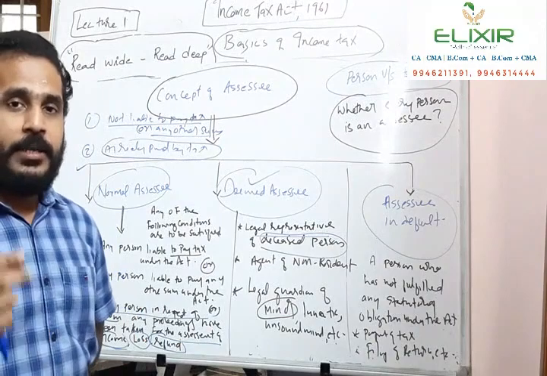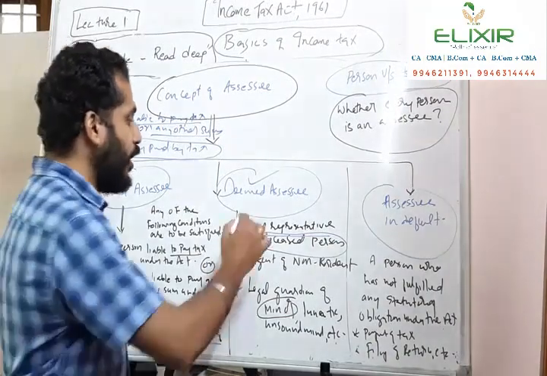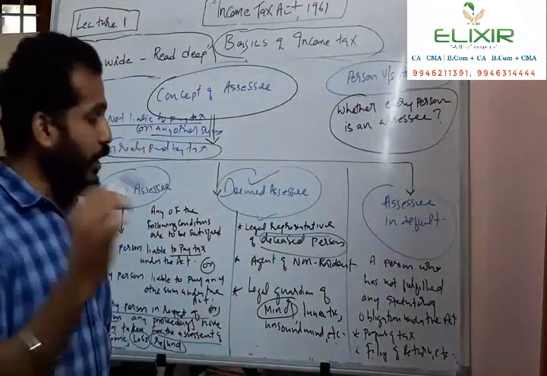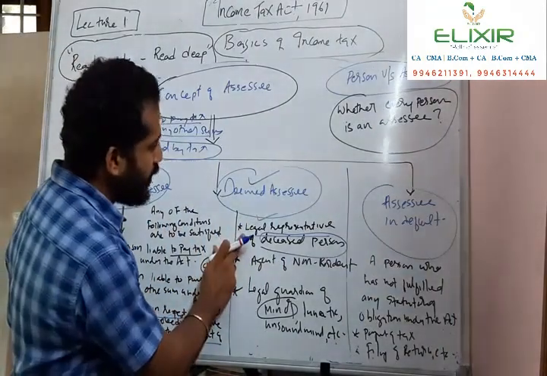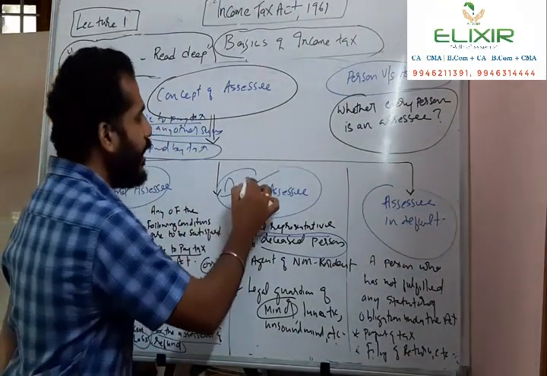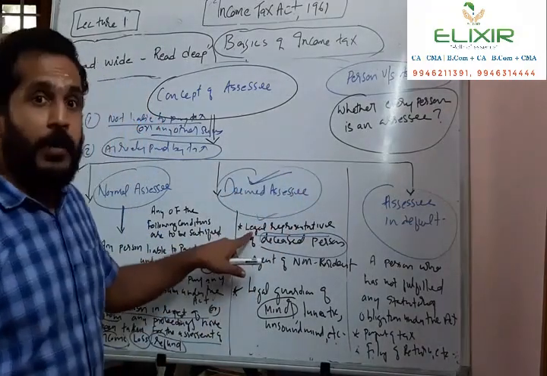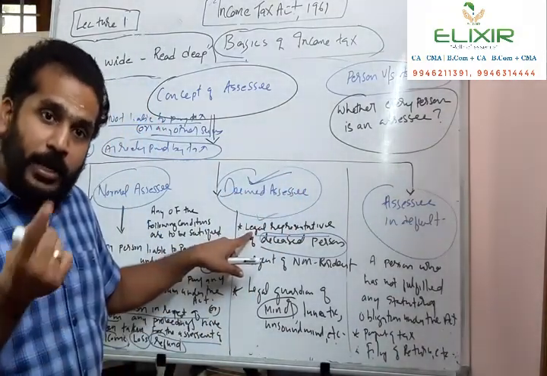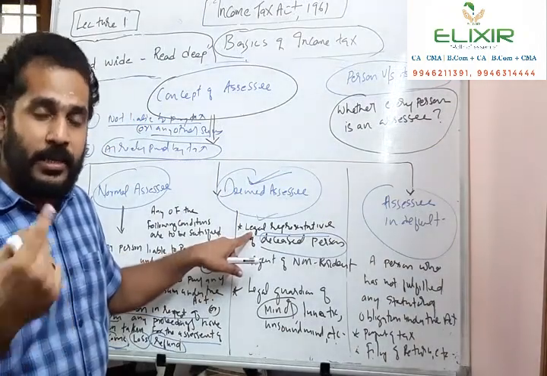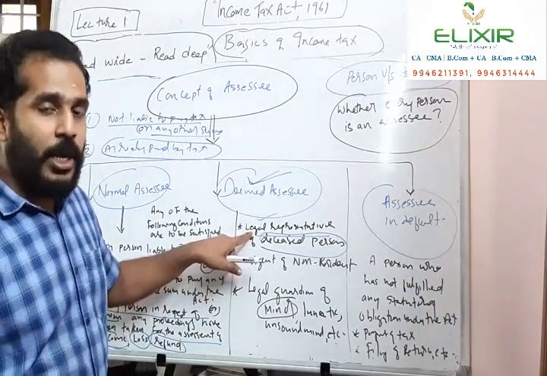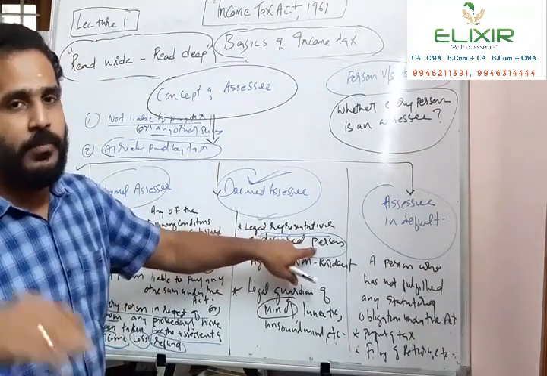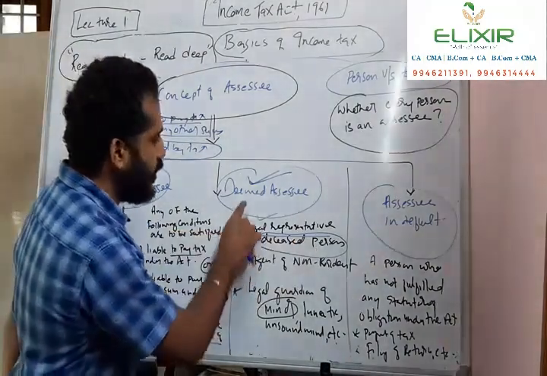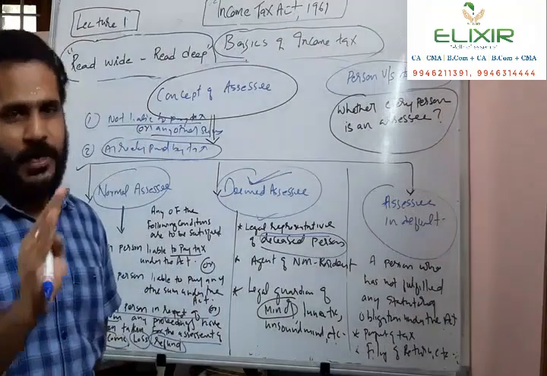In that case, the department will assess his income in the name of his legal representative, who can be treated as deemed assessee. His legal representative may be earning his own income. He may be filing his returns based on his income, and he has to club the income of the deceased person also. So this legal representative can be treated as deemed assessee.